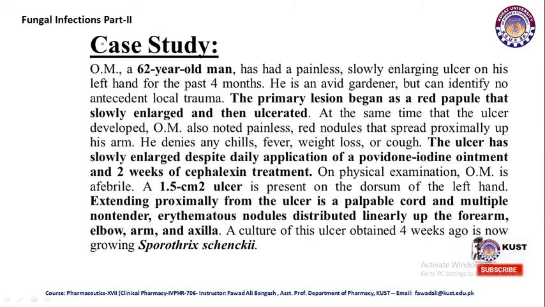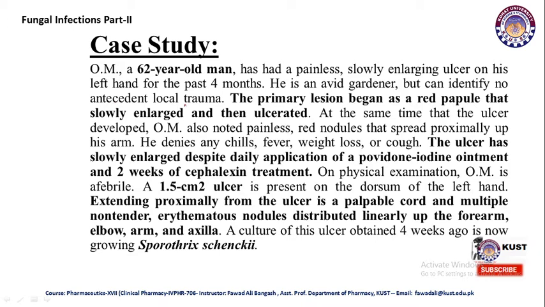OM, a 62-year-old man, has had a painless, slowly enlarging ulcer on his left hand for the past 4 months. He is an avid gardener but can identify no antecedent local trauma.